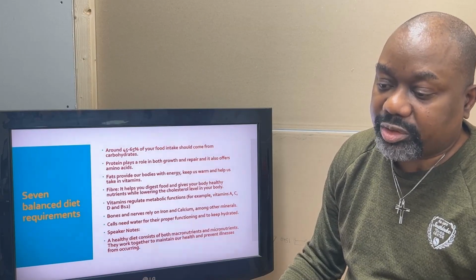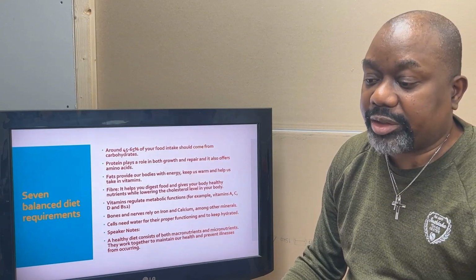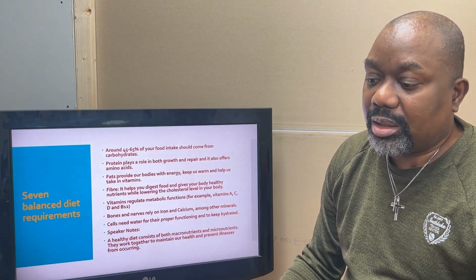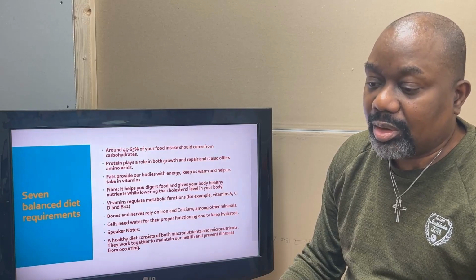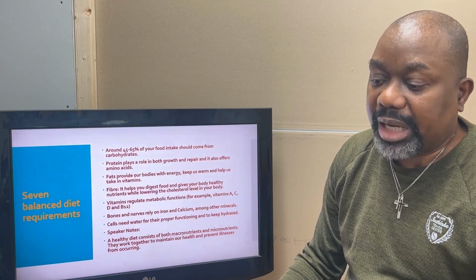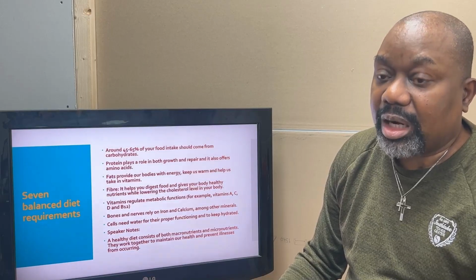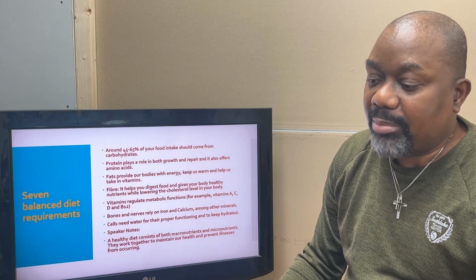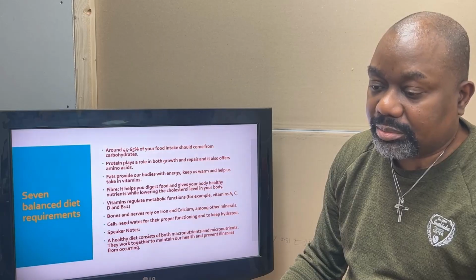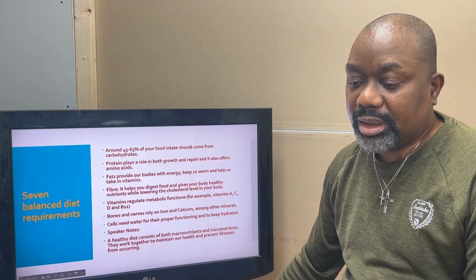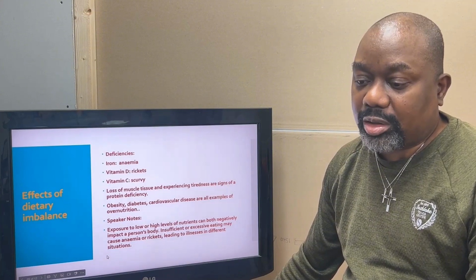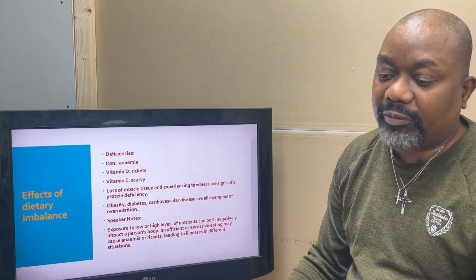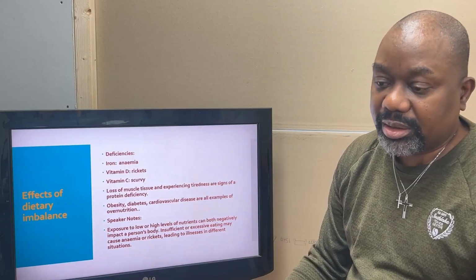Bones and nerves rely on iron and calcium, among other minerals.